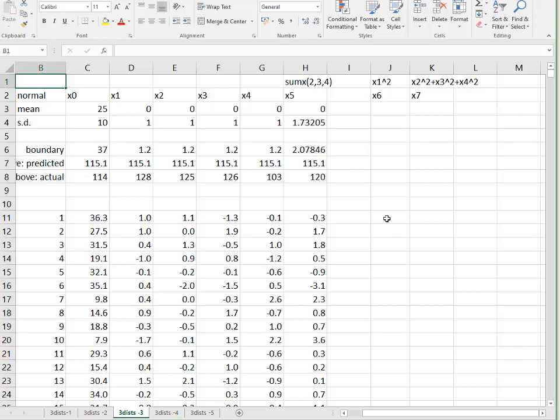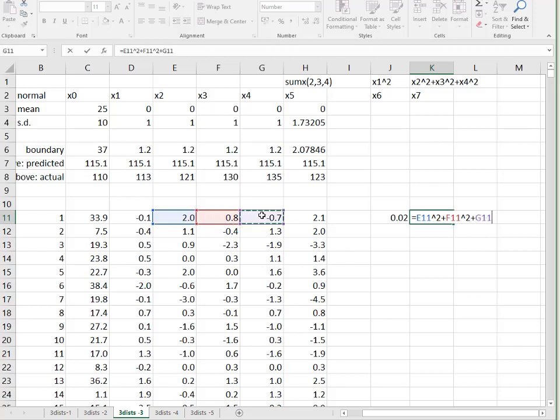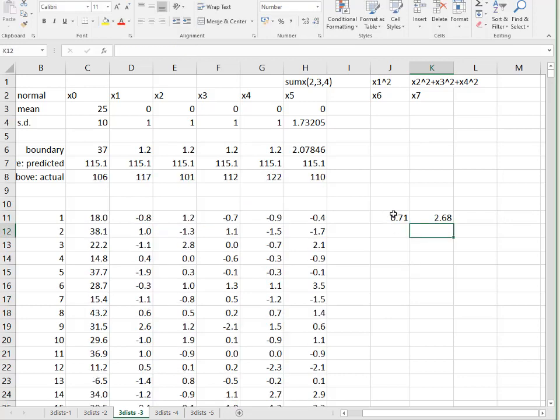So here, I want this to be equal to the square of x1, and this one's going to be equal to x2 squared plus x3 squared plus x4 squared, 2, 3, yes, okay. And then let's just copy those, fill those in.